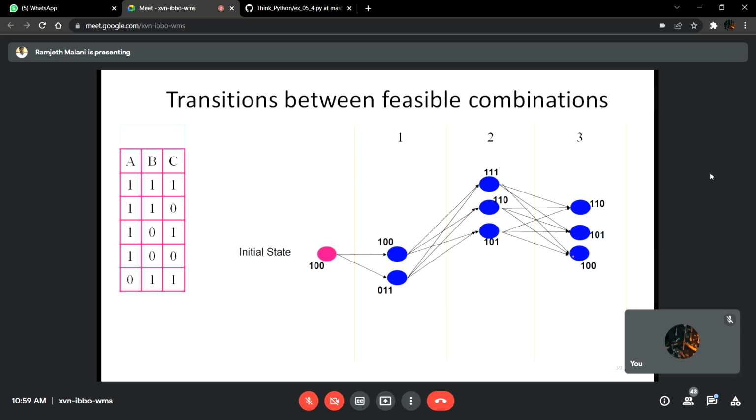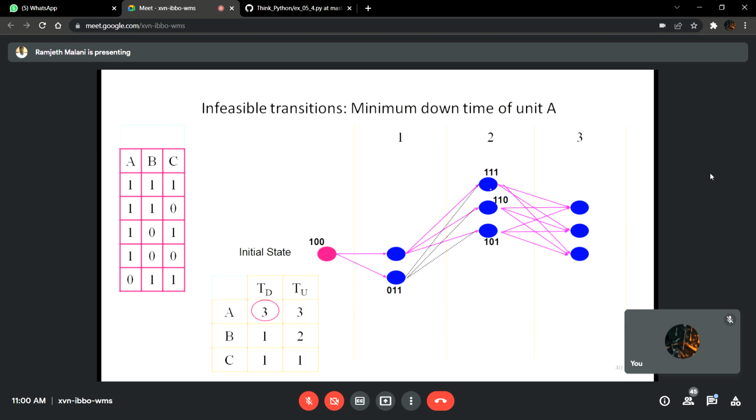Now we have the initial state given in the problem. The initial state of the first generator was on, second generator was off, third generator was off. So the initial state was 1, 0, 0. From this initial state 1, 0, 0, you can move to 1, 0, 0, the same state at hour number 1, and from there, in hour number 2, there were three possible states.